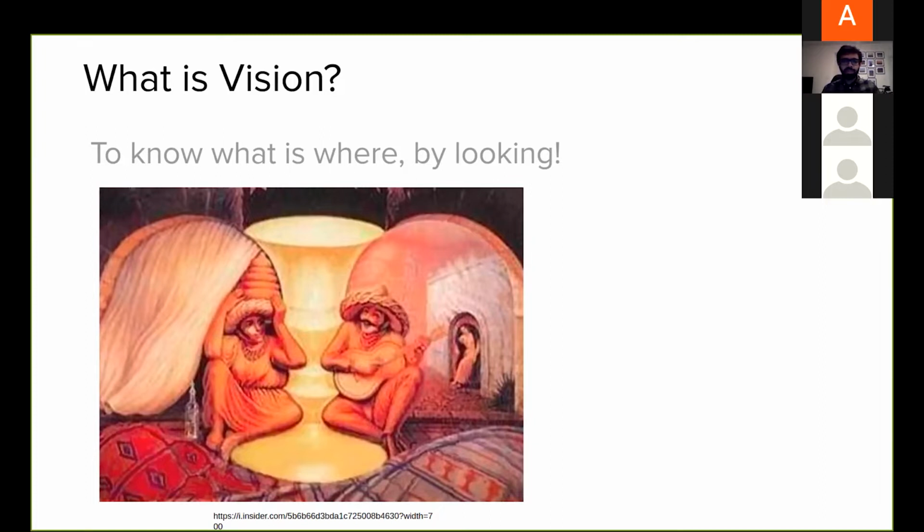For example, if I ask you to look at this image and ask what you think of it, there's a lot more than identifying one particular object or two people in the photo. You're able to understand that this photo has many things, right?